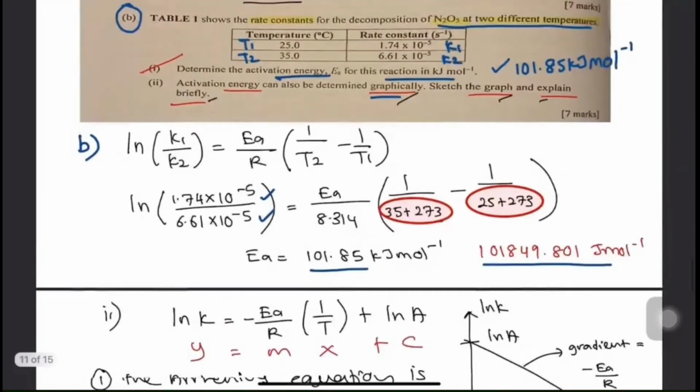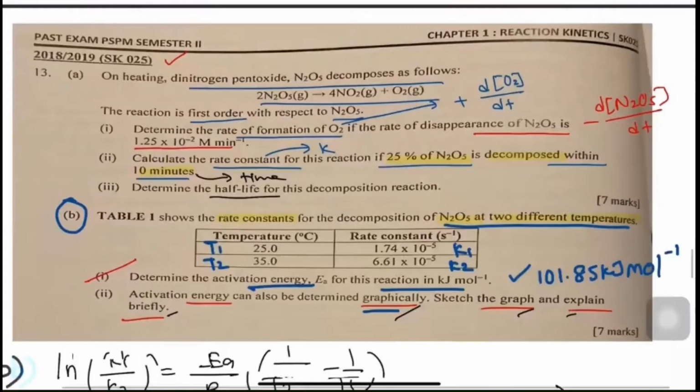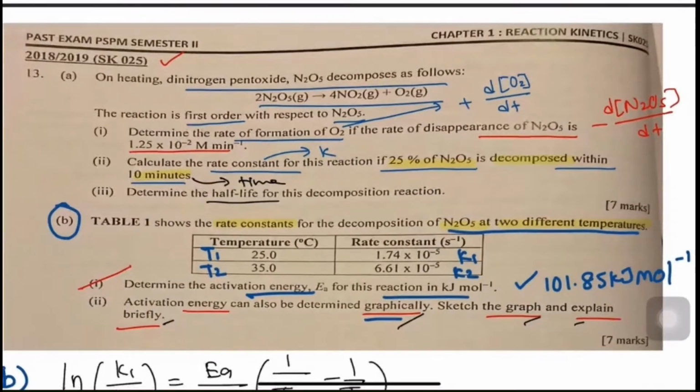Okay. Now let's look at question 13A. So question 13A, the heating of dinitrogen pentoxide decomposes as follows. The reaction is first order, it's already given to you, with respect to N2O5. Determine the rate of formation of oxygen. So you can see here, I have already written it in a mathematical form.